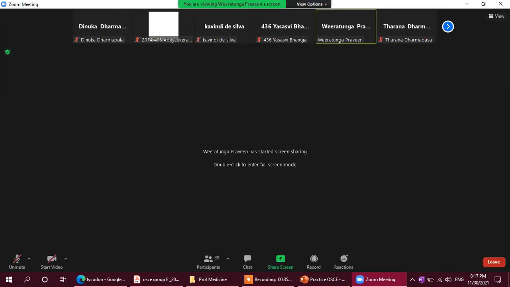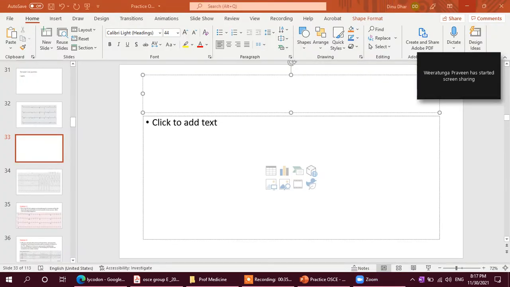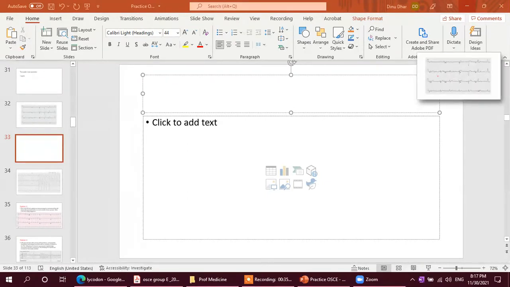In other words, the P waves come independently, the QRS complex comes independently. Right? And if you take the P to P to P to P intervals, that is the same.